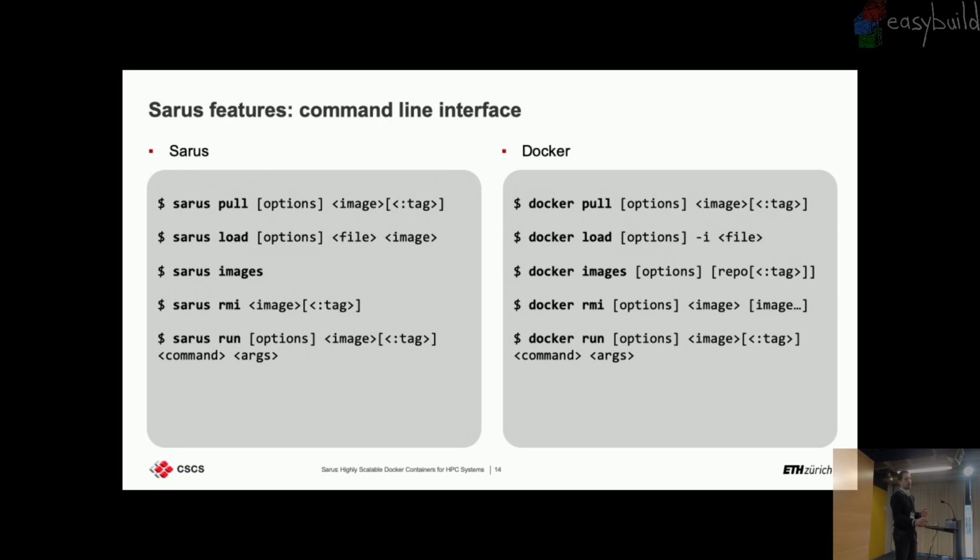Sarus load if you have a local archive that you have somehow prepared with your container tool and copied to the system, and you want to load it on the runtime container. Sarus images to check the images that you have already loaded. And then the other commands like rmi to remove the images and Sarus run to run your container. So that's exactly a copy of what you can see with Docker if you have experience with Docker already.